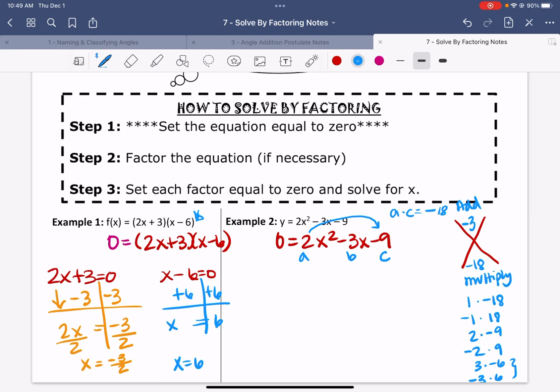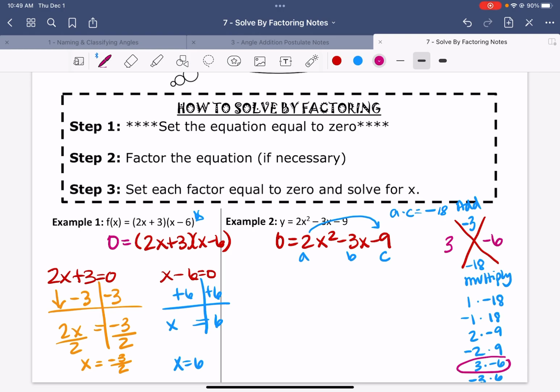Now, we want to figure out which ones add to give us negative 3. So what's going to add to give us negative 3? Yeah, positive 3 and negative 6. You can do those in your calculator. So positive 3 and negative 6.